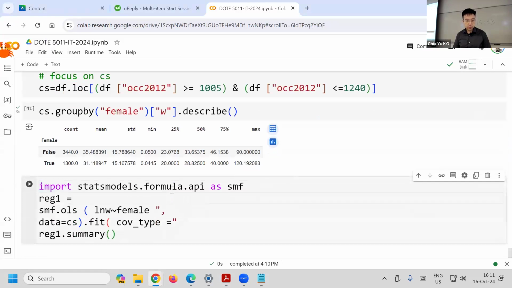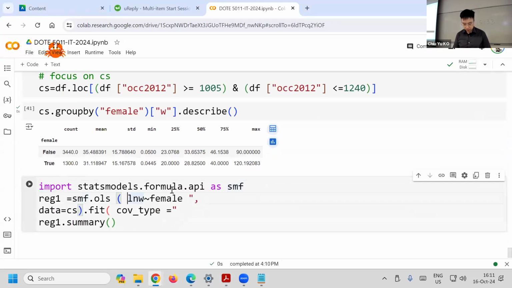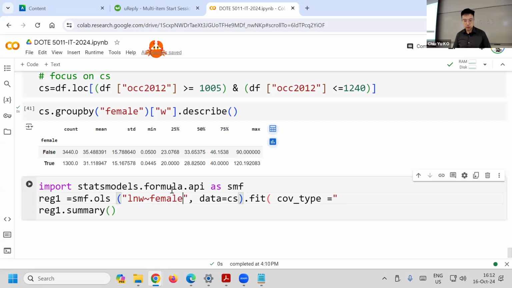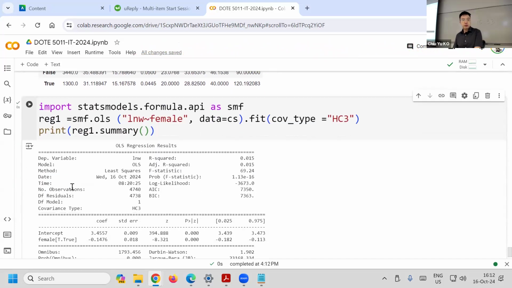So I include that, and I have that one, HC3. And maybe I want to print the summary. That looks better. So this is our model.